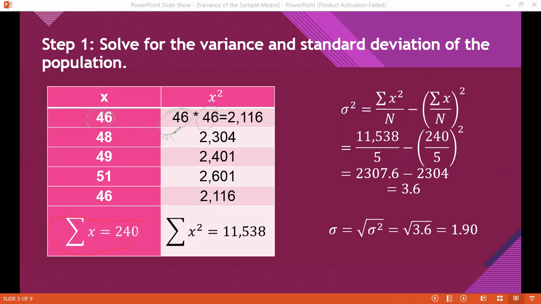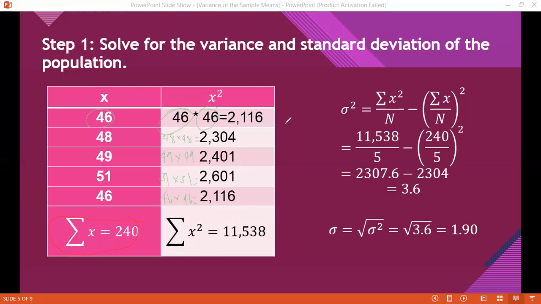You have 48 times 48 equals 2,304. Next, 49 times 49 equals 2,401. 51 times 51 equals 2,601. And then 46 times 46 equals 2,116. Then, get the total. You have now 11,538.